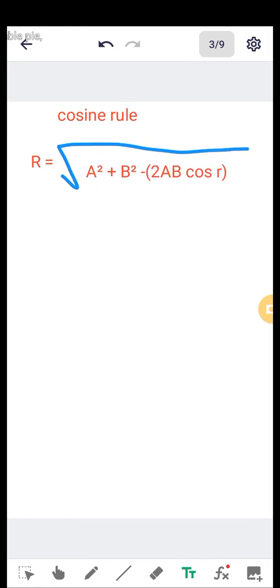Someone might ask, why is it that we are using r when finding this one? You might have forgotten how we were finding it in high school. For this one, you will be given two sides and the angle in between.